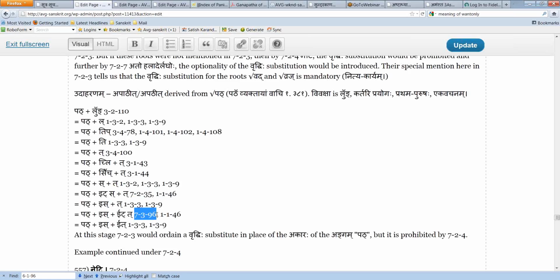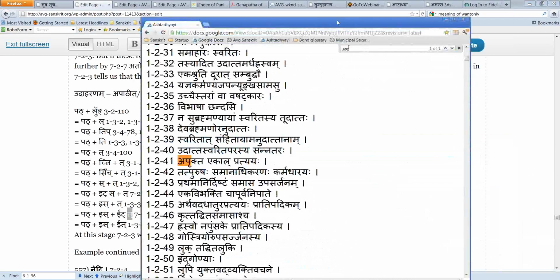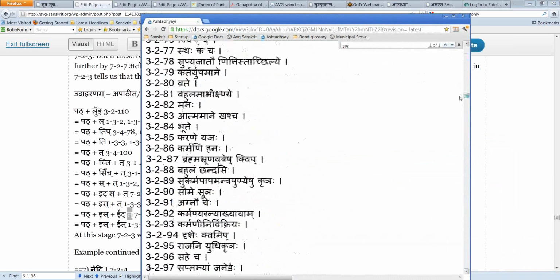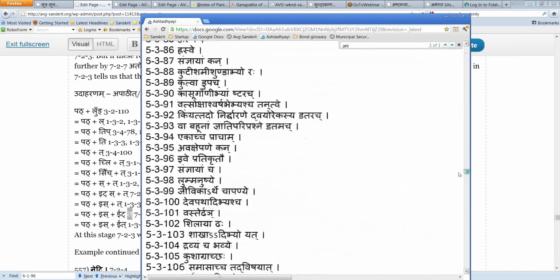Why? Asti sicho prukte, which means that following the dhatu as, bhuvi, or the pratyaya sich, if you have aprukta pratyaya, another name is aprukta ekal pratyaya, a pratyaya which consists of a single letter, that's 1.2.41. So the condition is: asti sicho prukte says asti sichaha, following the sich or the dhatu as, if we have aprukta pratyaya.